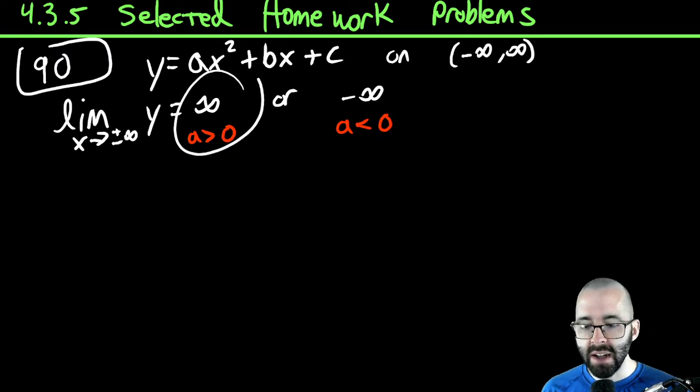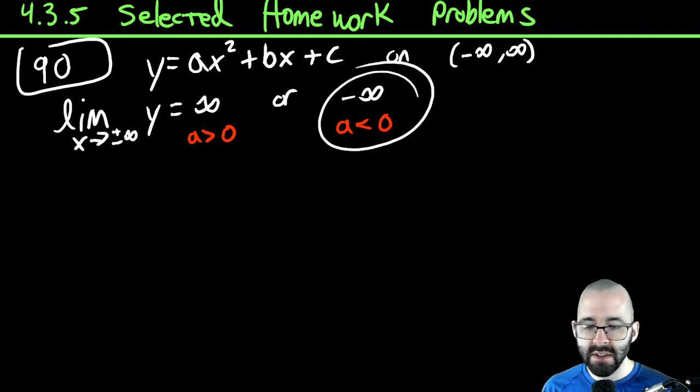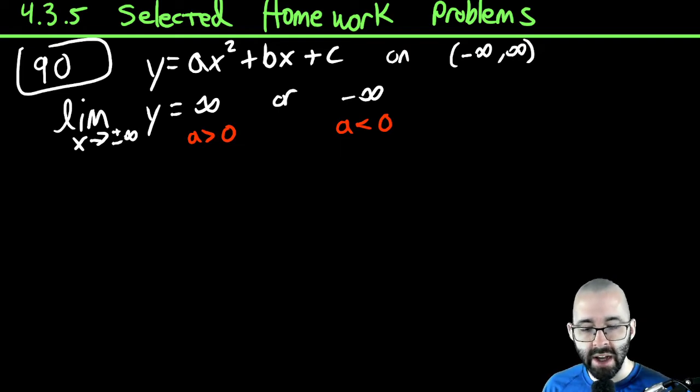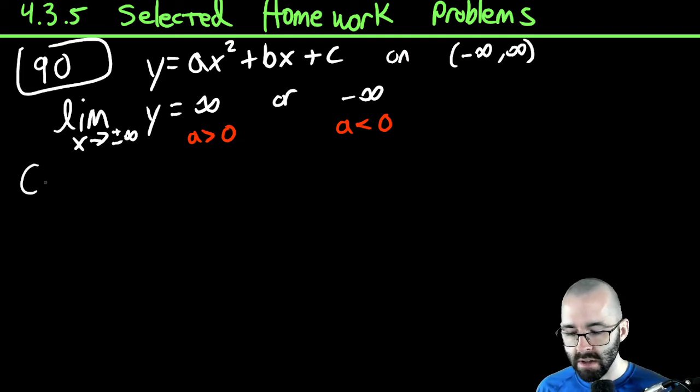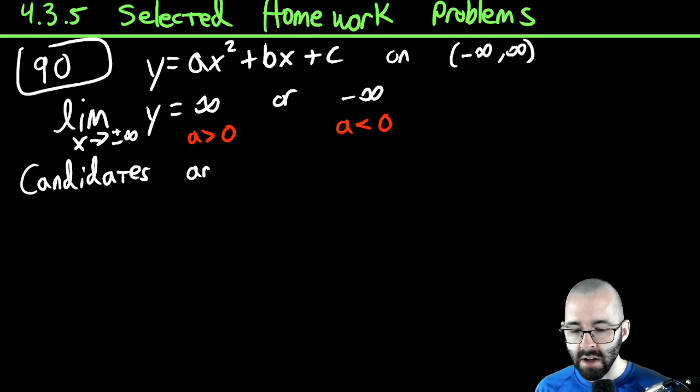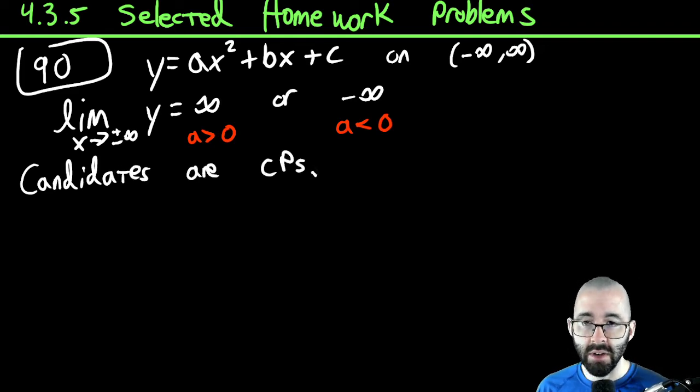Which means that if a is positive, there is no absolute max. If a is negative, there is no absolute minimum, because it will always go further and further down. So our only candidates are our critical points here, because there are no endpoints.